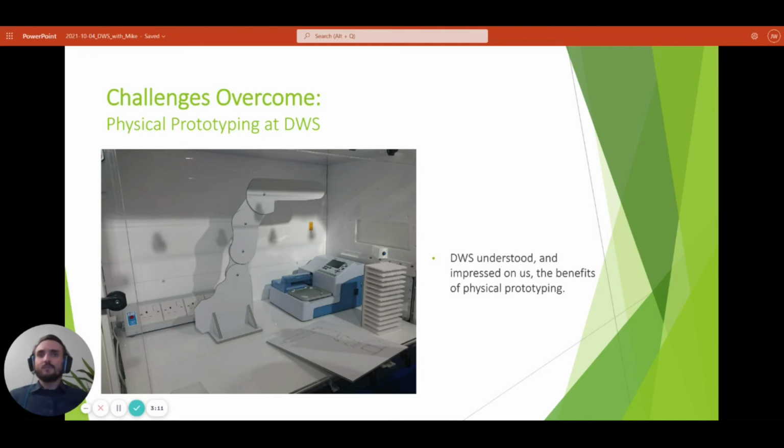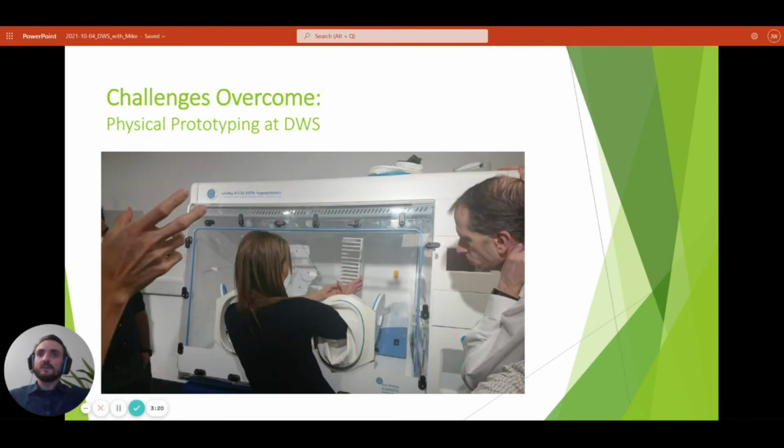And they really impressed on us the importance and the benefits of physical prototyping. And indeed, they were 100% correct. Because with these cardboard cutouts, we could quite easily have our biologist Amy go in and move things about, put them where she's comfortable reaching them and interacting with them, and we could quickly figure out the spaces we had to play with.